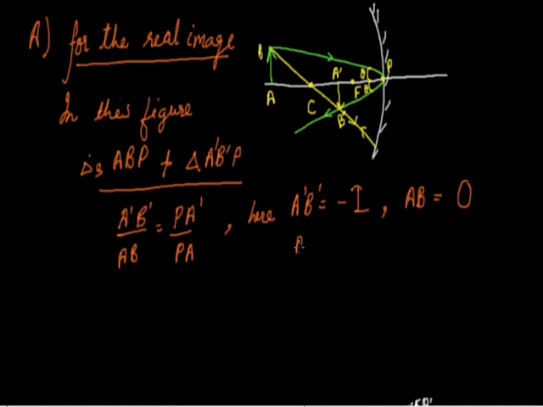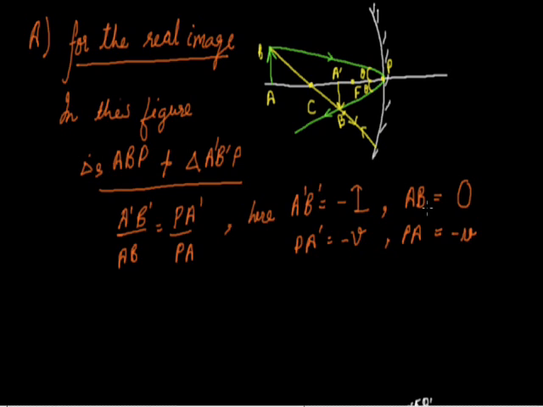And PA' is the distance of the image from the pole, so it is denoted by small v, but it is also negative as we are going in the direction opposite to the incident ray. Again, PA is the distance of the object from the pole, so it is denoted by the small letter u, and it is also negative.